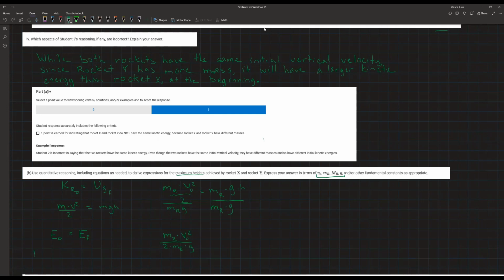There's going to be some kinetic energy, maybe some gravitational potential energy, maybe some spring potential energy at the beginning, and all of that will be equal to maybe some kinetic energy at the end, plus maybe some gravitational potential energy, plus maybe some spring potential energy at the end. So this is what the energy conservation equation would look like in a more general case. But because we don't have springs, we don't have to worry about spring potential energy here.